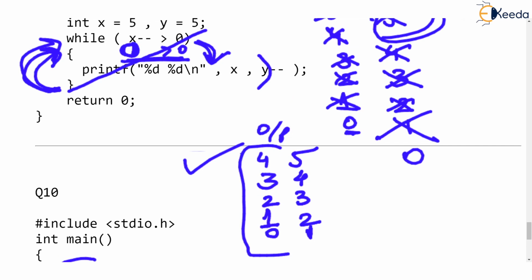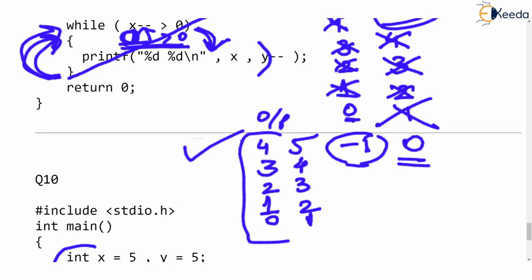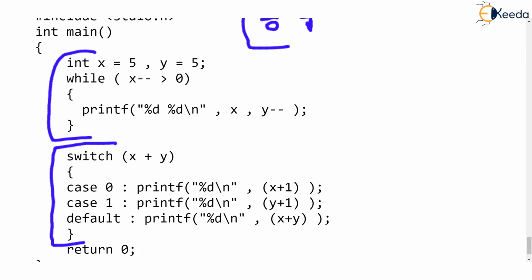See, when the loop stopped, what was the value of x? Value of x was 0, but further it was decreased by 1. So x has already become minus 1. And y is still 0. When this while loop stops, x has become minus 1, and y has become 0.